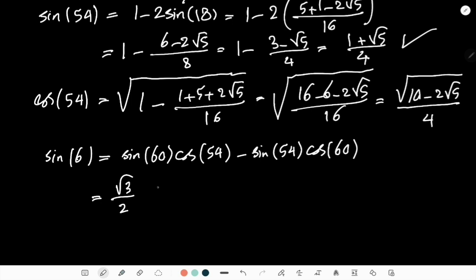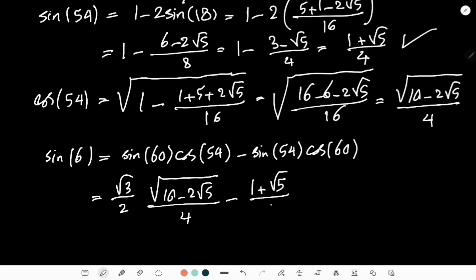Cosine of 54 is just in front of us. That is 10 minus 2 square root of 5 over 4. And here I have sine of 54, which was 1 plus square root of 5 over 4, times 1 over 2.